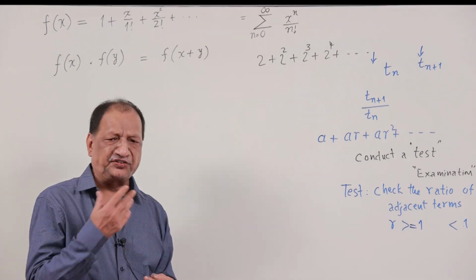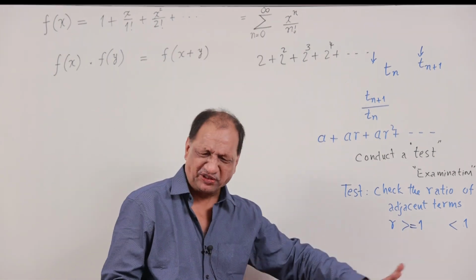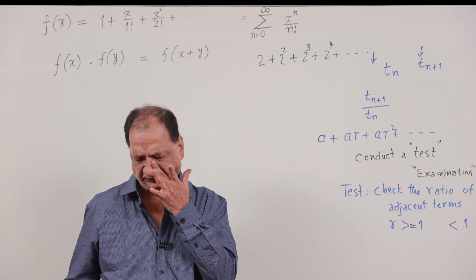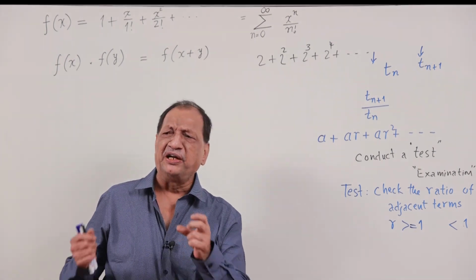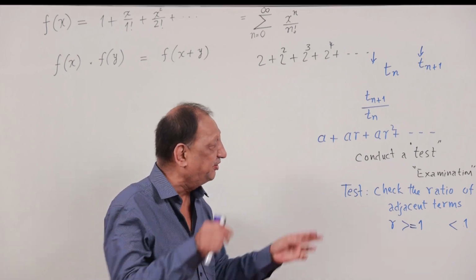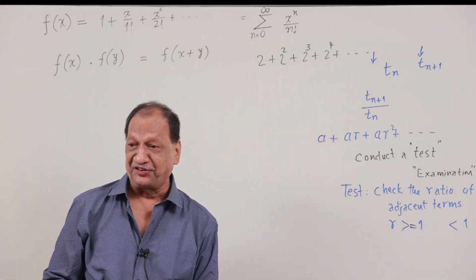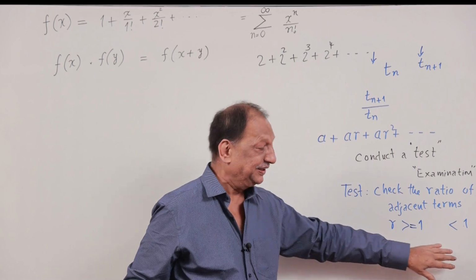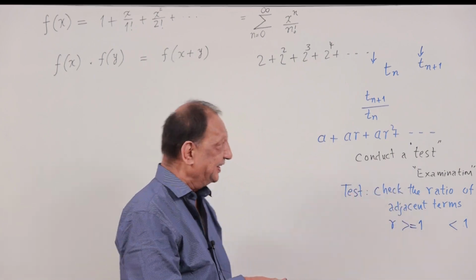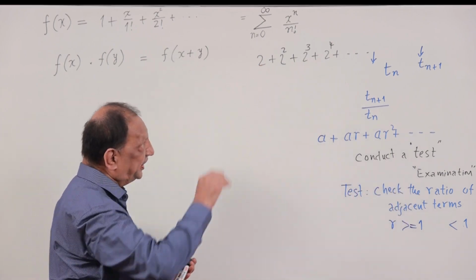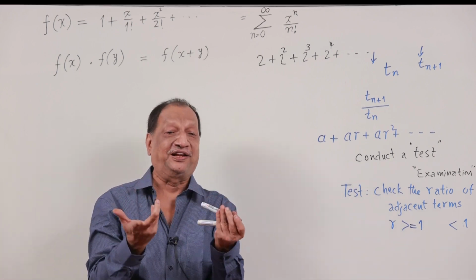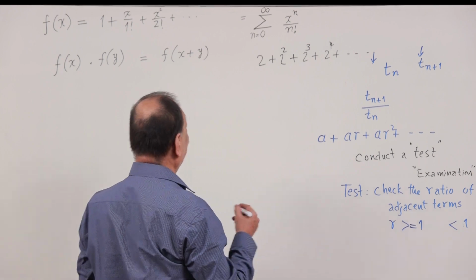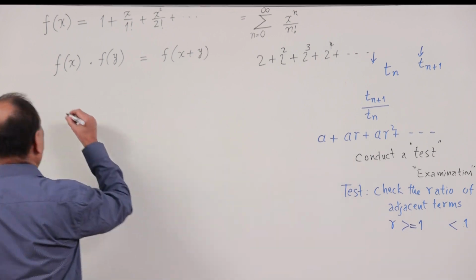Now, we come to the next series. This test was very simple, so very easy to conduct also, right? And in fact, there is one even more elementary test we have to conduct before we even come here. If a series has to be convergent, an individual term has to go to 0.